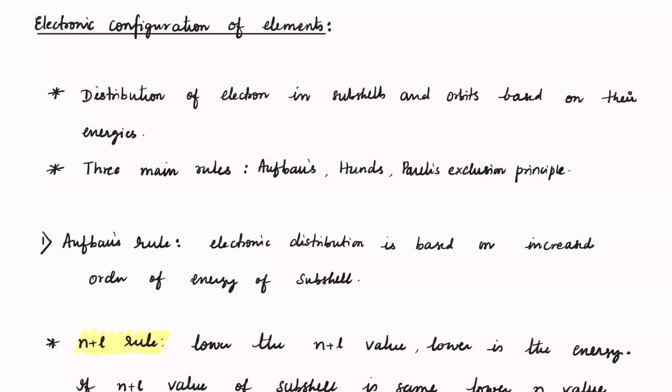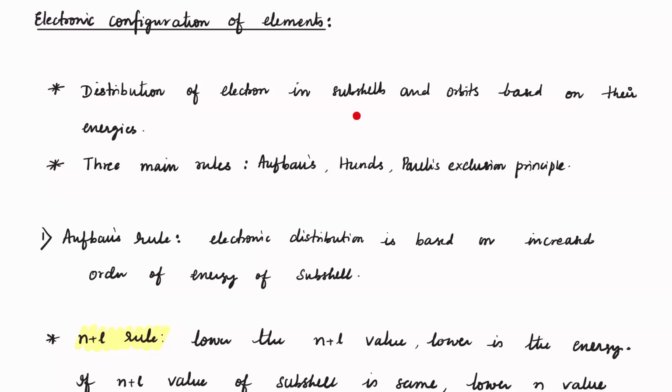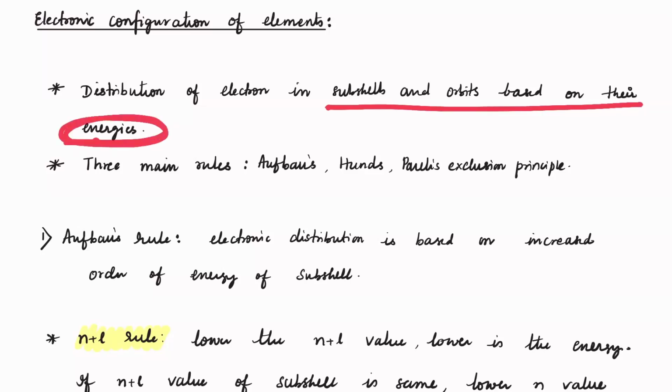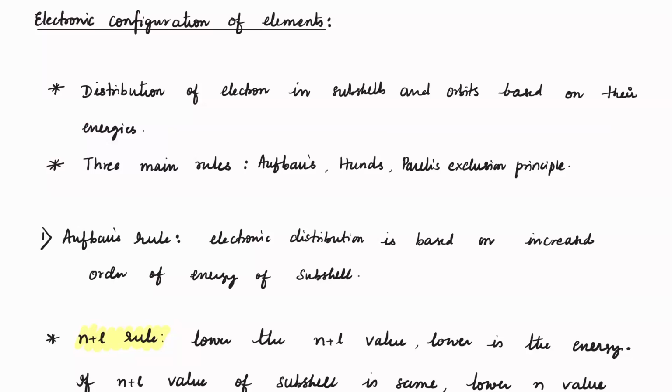That information we will get to know as you start filling electrons. So how to fill the electrons or distribute electrons in the respective subshells and orbitals? It depends upon the energy of every orbital and subshell.